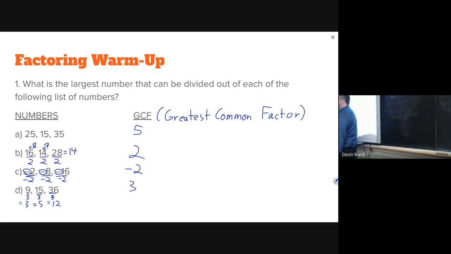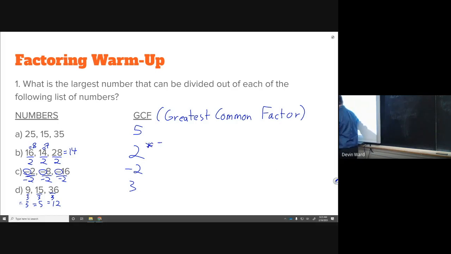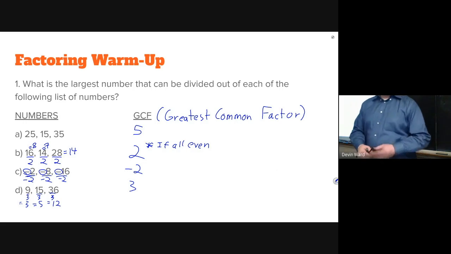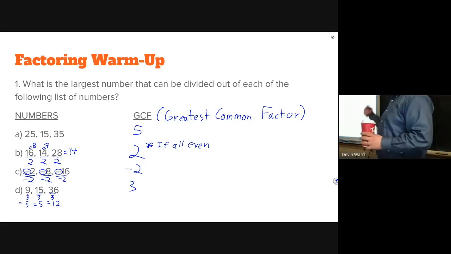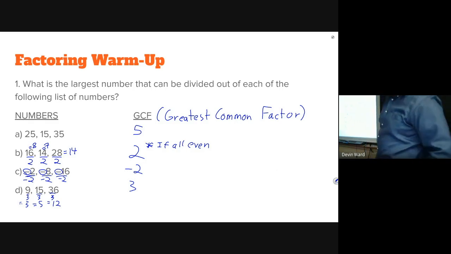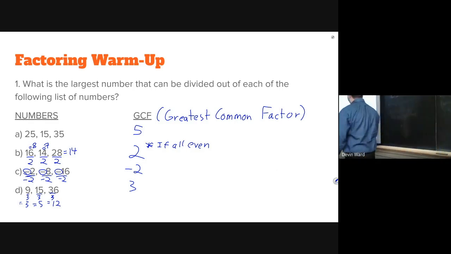But for numbers like 16, 14, 28, if they're all even, always check for 2. If all your numbers are even, they can always be divided by at least 2, and you can try going up from there. Sometimes you might find a factor, but it's not the greatest common factor.